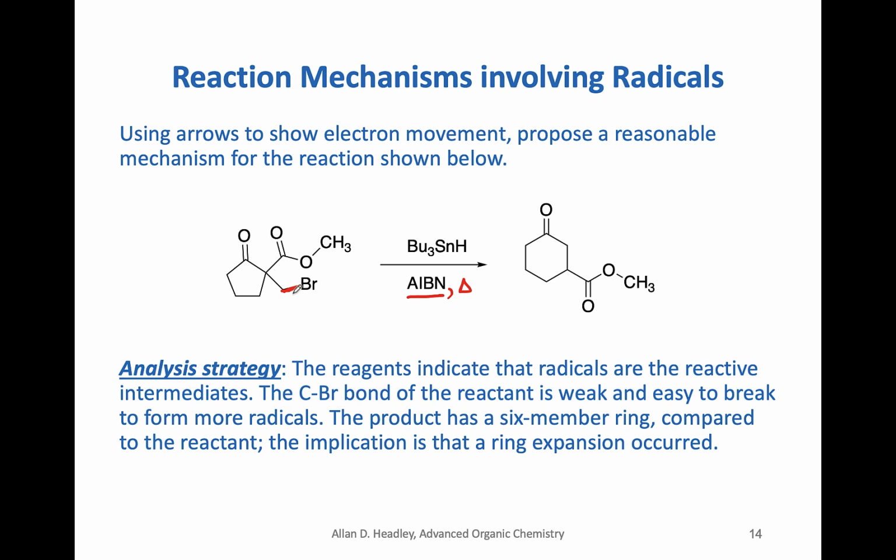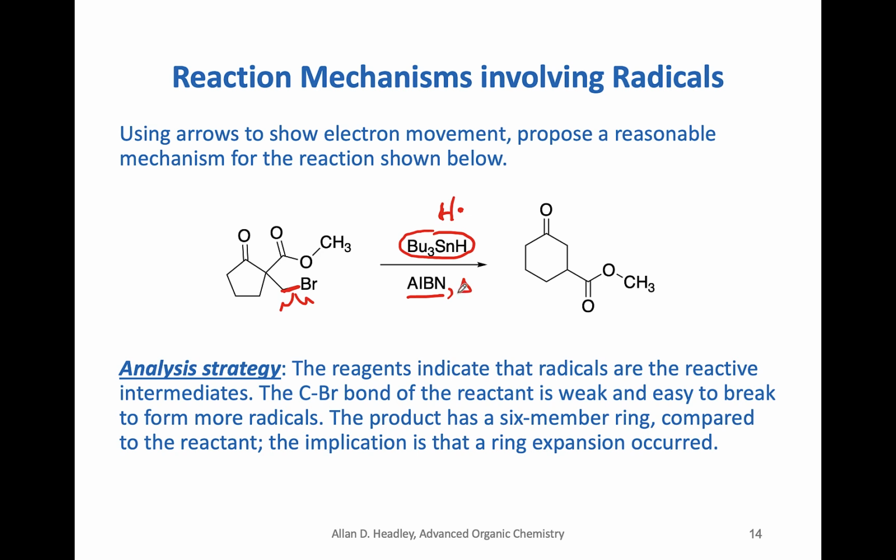So it's possible to have a homolytic breakage here to give radicals. Notice again we have this tributyl tin hydride. As we mentioned earlier, it's a hydrogen atom donor. So it typically donates H dot, H radical or H atom.